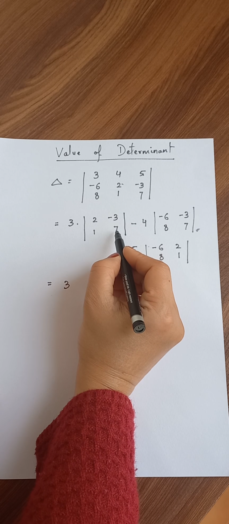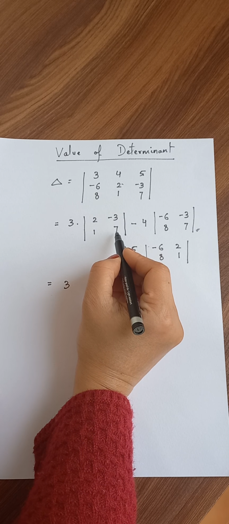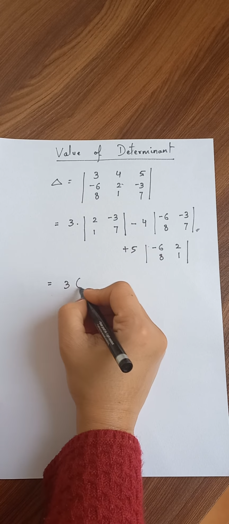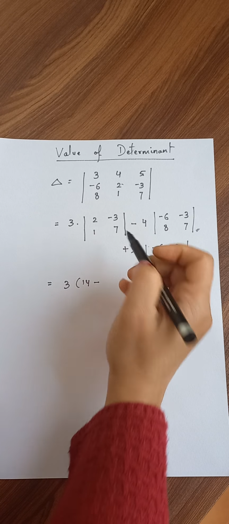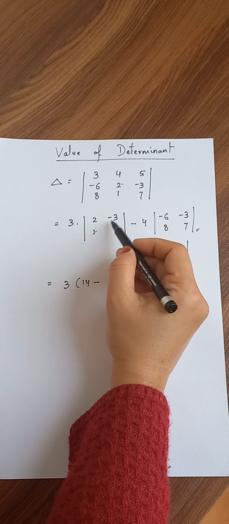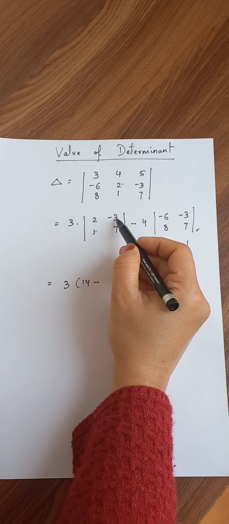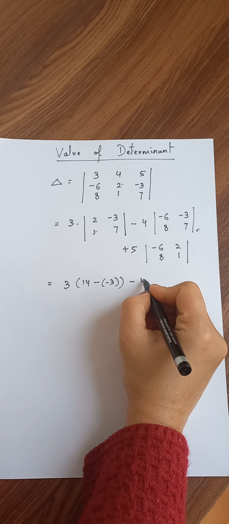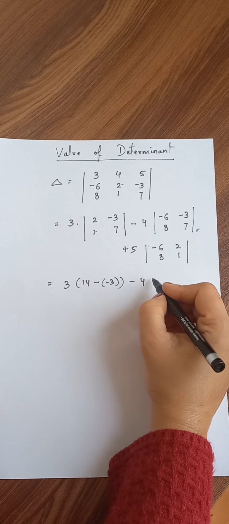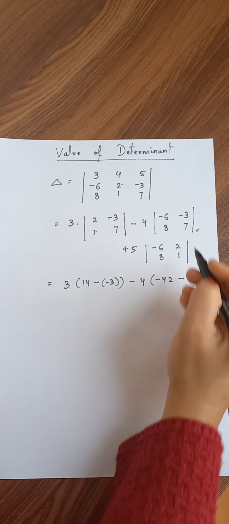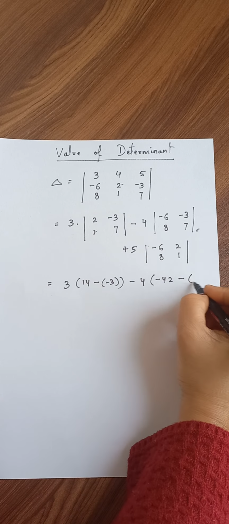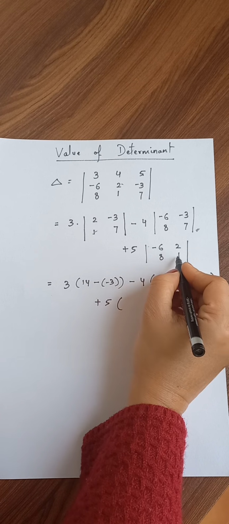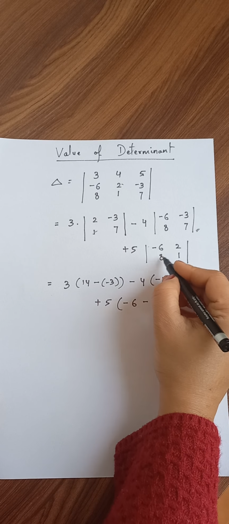Then you will calculate the values as we have done for finding the value of a determinant by the cross method. Multiplying these two values together, it becomes 14, then minus sign, and plus 1 into minus 3 becomes minus 3. Then minus 4 again, multiplied together gives minus 42, minus sign, and multiplying together gives minus 24, then plus sign, minus 6, minus sign, and 16.